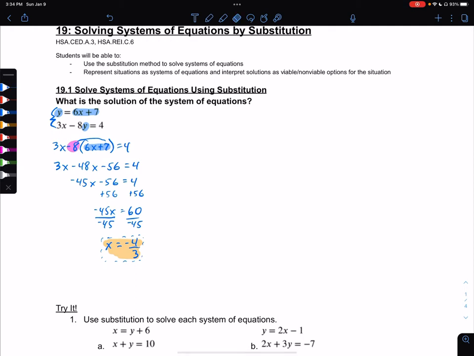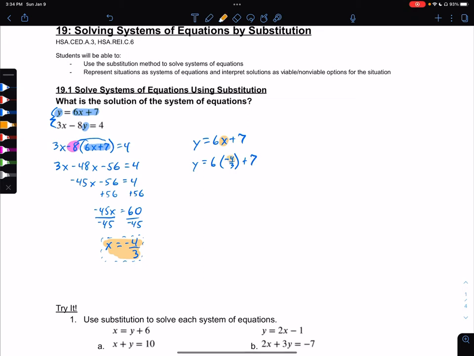So I'm going to take the equation y equals 6x plus 7. I can actually use either equation, but I'm going to use that one. And what I'm going to do is replace the x value with what I know x is equal to. So we'll say y is equal to 6, and we're going to substitute negative 4/3 in for x.